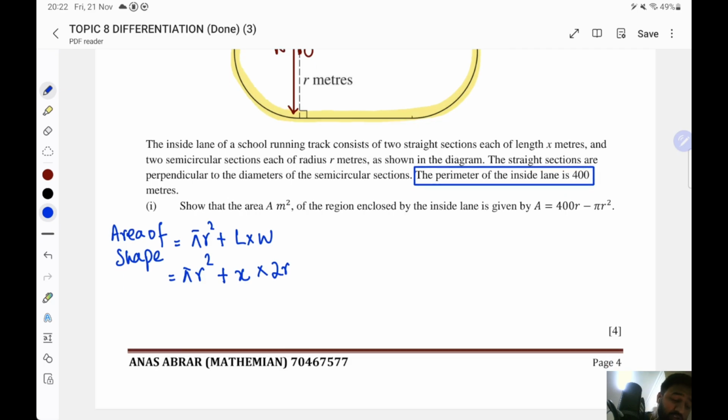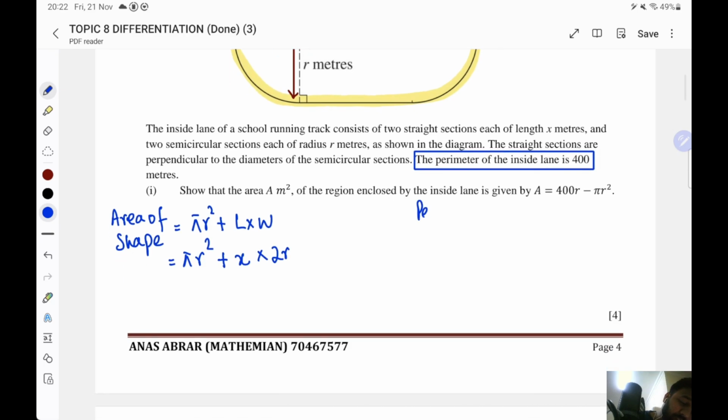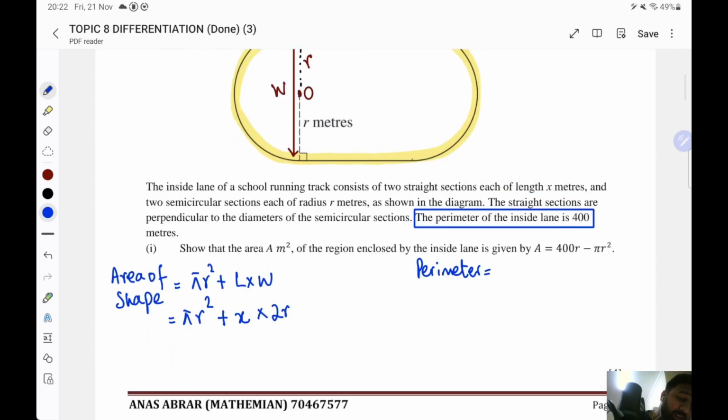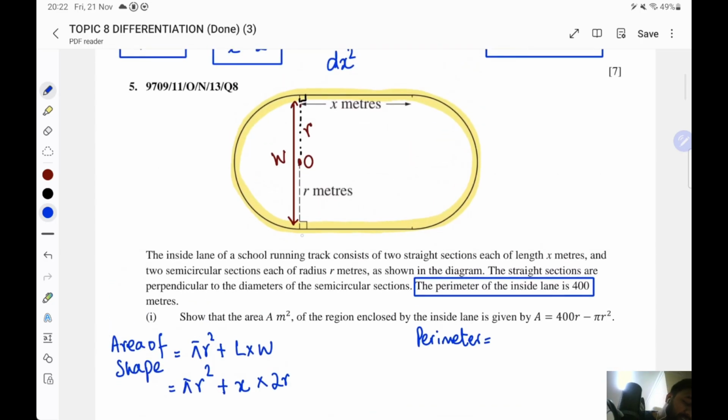the complete portion. So if you see, the perimeter is the sum of all the outer sides. So for finding out the outer sides, this is also x meters from here up till here. And there is one complete circumference of the circle, because one semicircle is on the left and one semicircle is on the right.